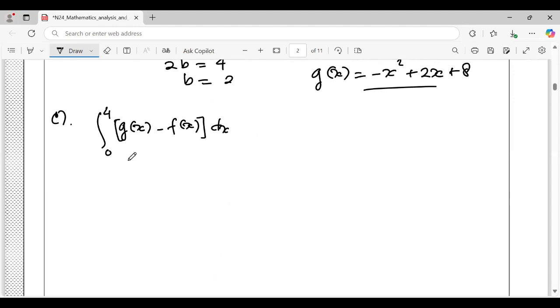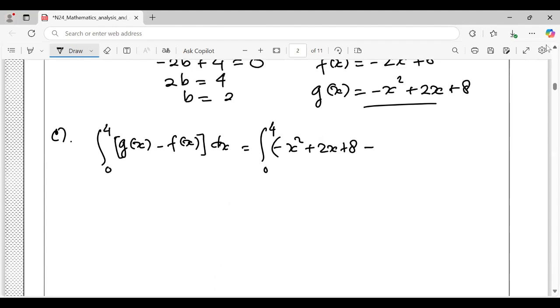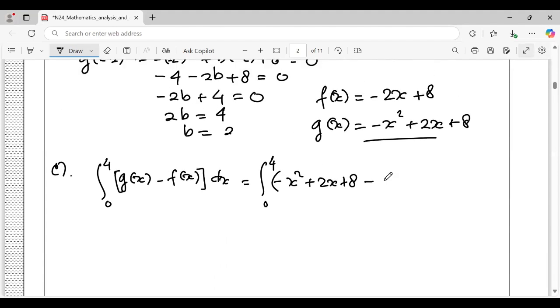So we can write it like this: integral from 0 to 4 of gx, which is minus x squared plus 2x plus 8, minus fx, which is minus 2x plus 8, dx.